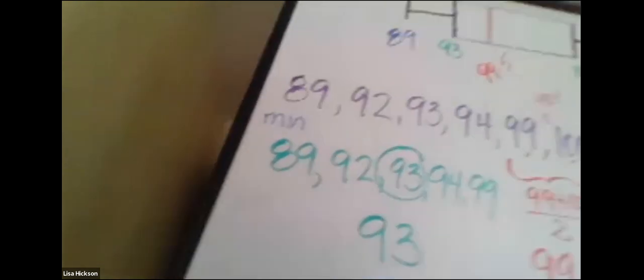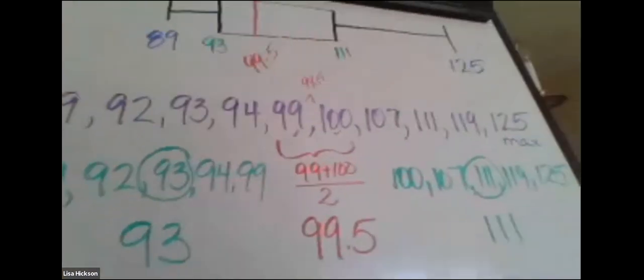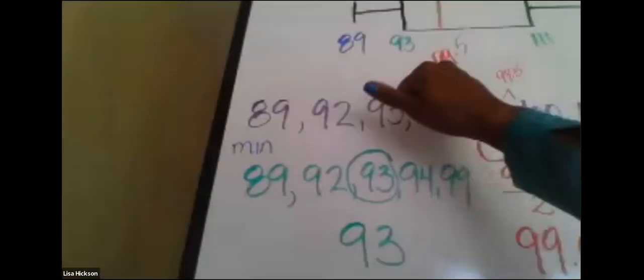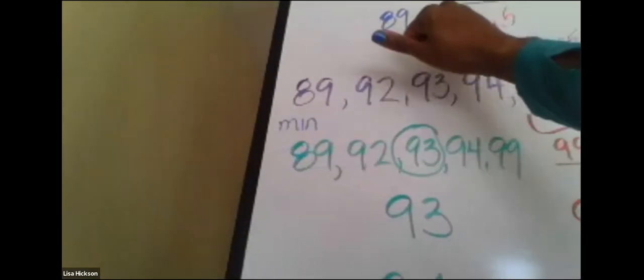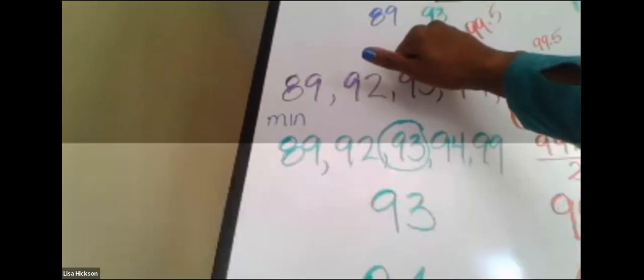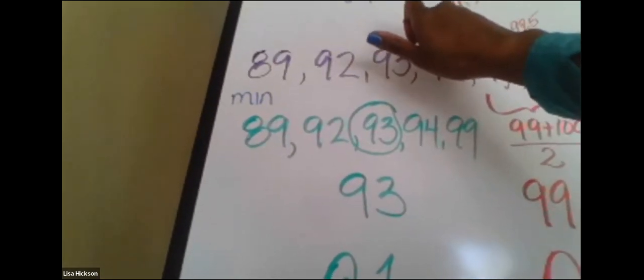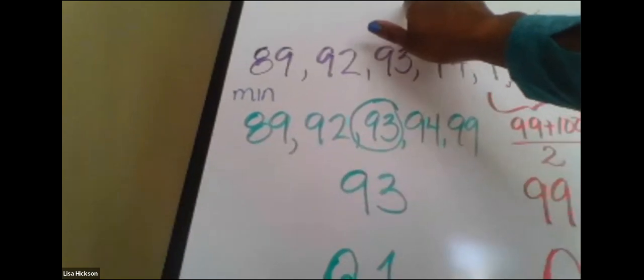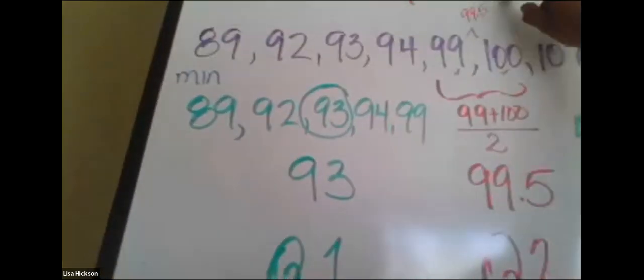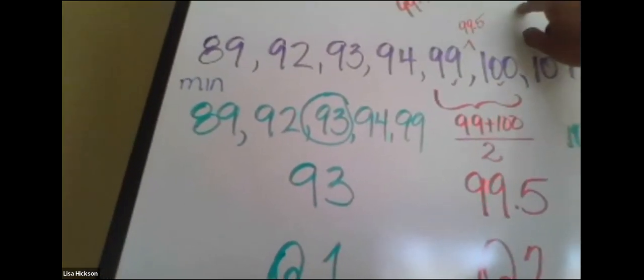And the placement of the quartile markers matters. So for our graph, we would have put our Q2 closer to Q1 because, like you said, 99.5 is closer to 93 than it is to 111. Okay?